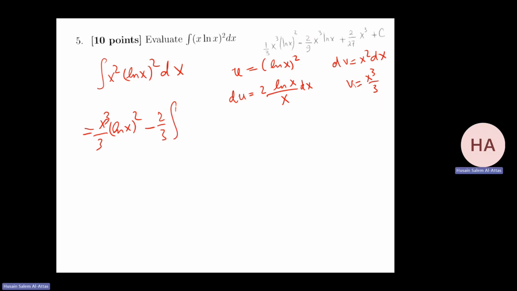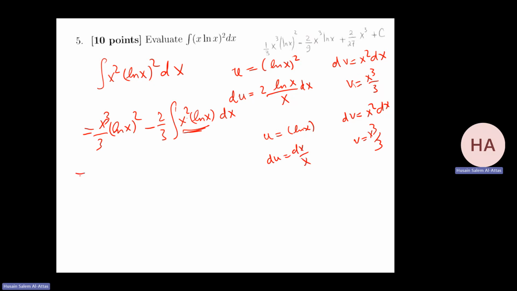2 over 3 of what? ln x, x squared ln x dx. Now do it again. So I have u is ln x, dv is x squared dx. So v will be x cubed over 3, and du will be dx over x.